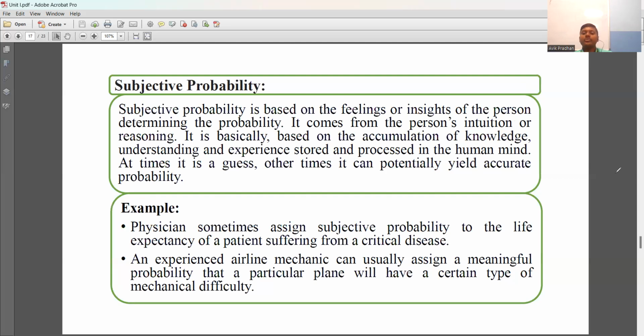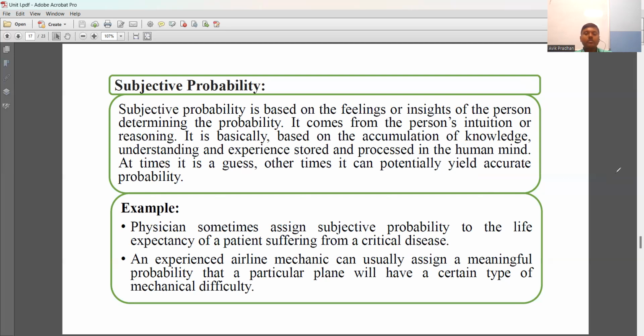We are quantifying those things in terms of numbers or areas. But in the subjective probability, we do not quantify the events, or count the favorable outcomes of an event or something like that.